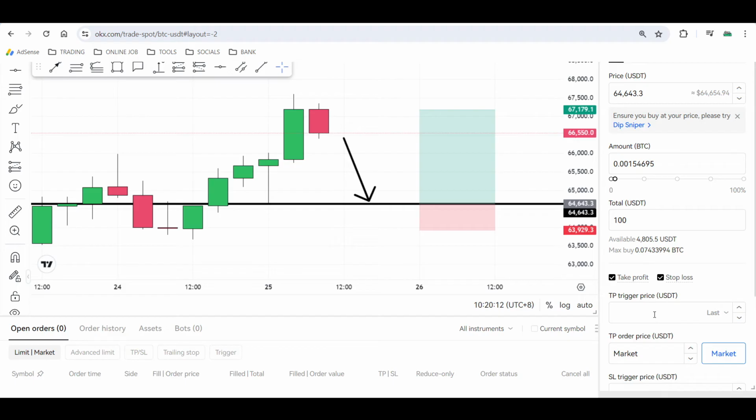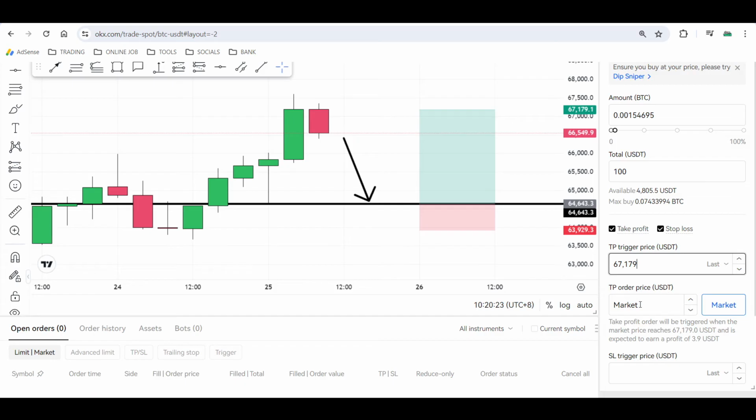So what we need to do next is to put 67,179. All right, so the price of our take profit, and we will place that in the market order. It means it will automatically place your order at the current market price.